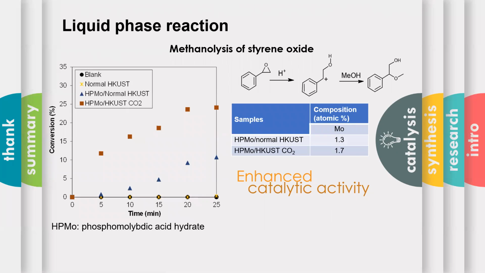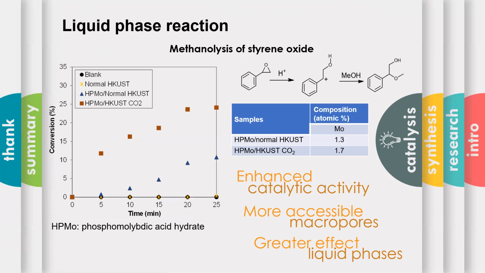Considering the similarities in the structures and the surface areas, we can confirm that the improved catalytic performance is due to the more accessible macropore structure in these materials. We can also see a greater improvement in the liquid phase reaction compared to the gas phase reaction. This result is evidence that macropores are beneficial in overcoming the diffusional limitations, which have a greater effect on reactions where bulky molecules are involved.